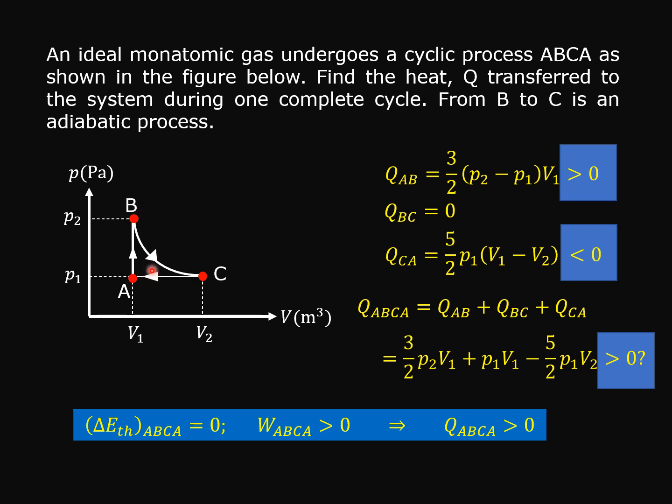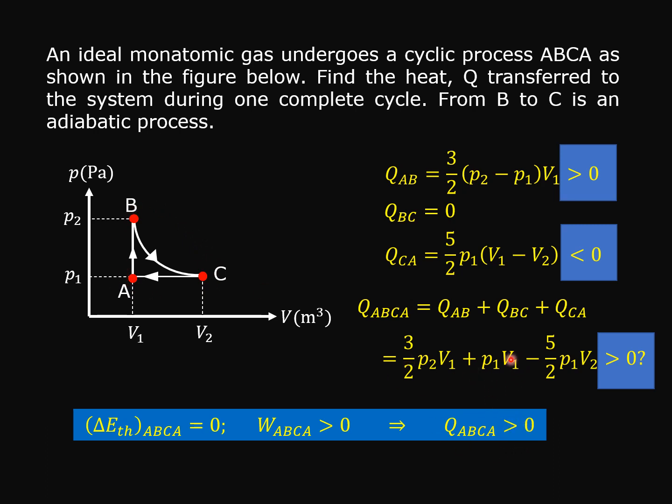So the net work done for one complete cycle is a positive value. Then based on the first law of thermodynamics, we know that the total heat transfer in the complete cycle should be a positive value.